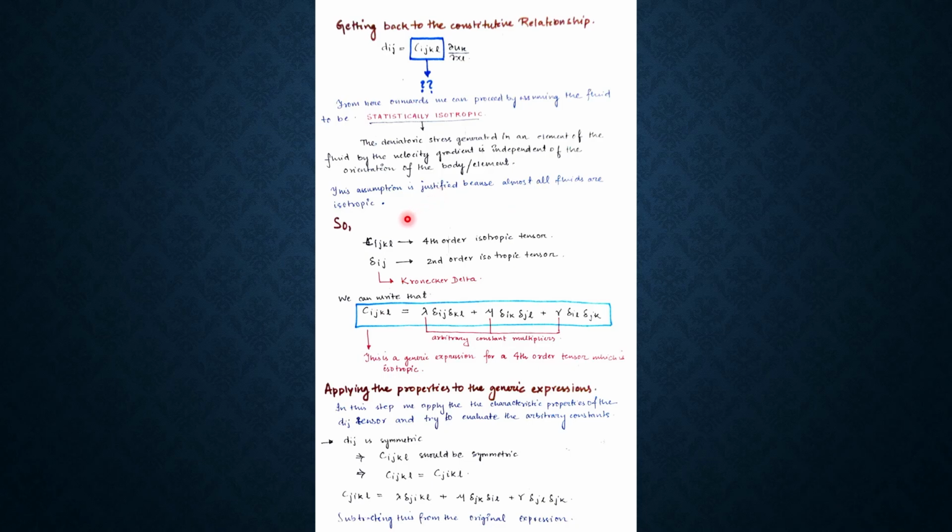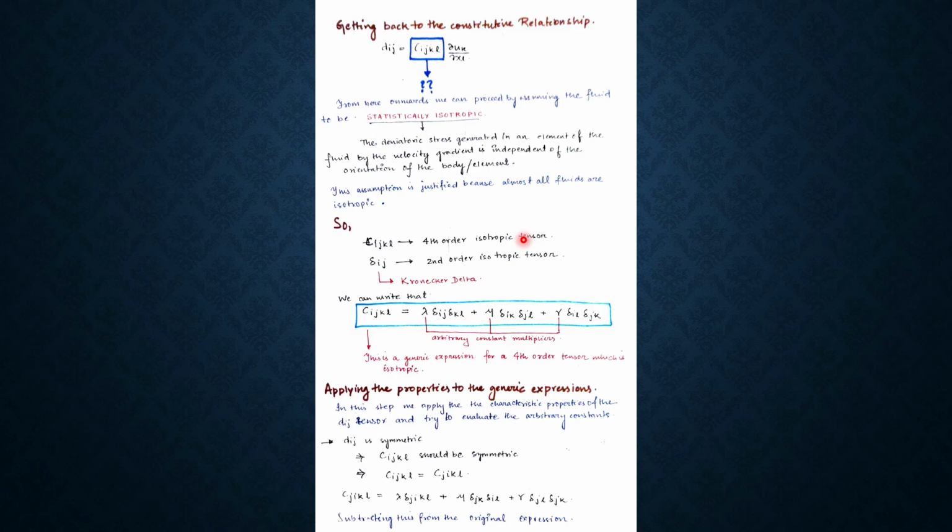So now proceeding further, Cijkl is a fourth order isotropic tensor, something that we have assumed it to be. And as we know, Kronecker delta is a second order isotropic tensor. So we can write that Cijkl equals lambda delta ij delta kl plus mu delta ik delta jl plus gamma delta il delta jk.